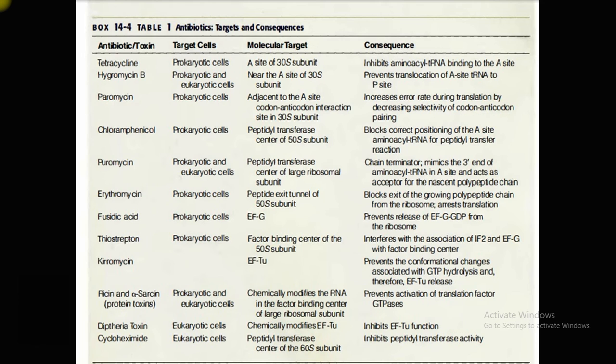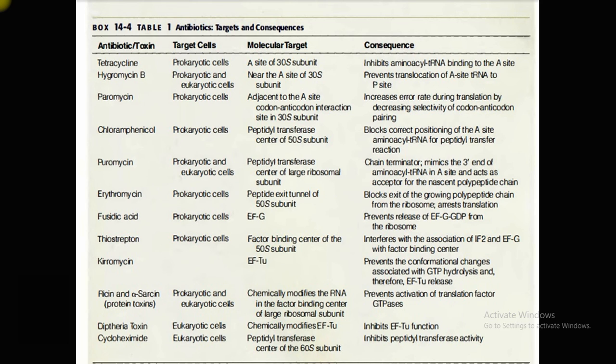As you can see, there is a list of antibiotics, their target cells, prokaryotes and eukaryotes, and their molecular targets like 30S. Some antibiotics attack the 30S subunit, some the 50S, some the EF-G factor, and another the EF-Tu factor. So this table represents their molecular targets and their consequences.